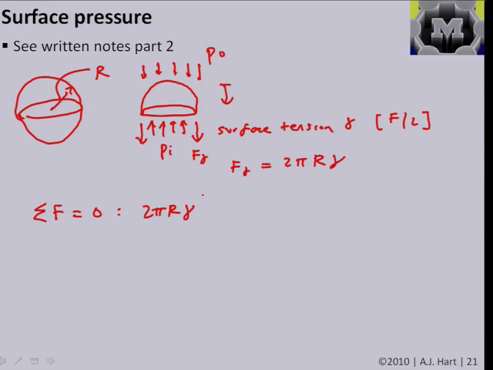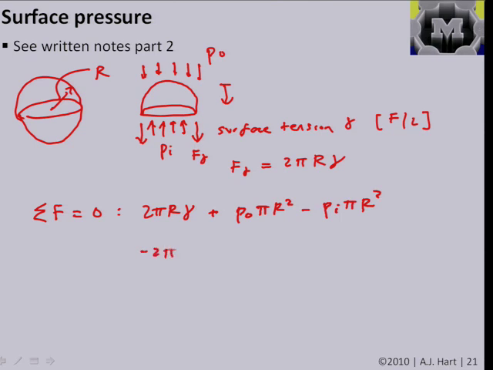And then we have the net pressure force on the outside being positive, which if we assume the pressure is uniform and we just take the projected area of the sphere upward, that's P outer times pi r squared. And then we can subtract the inner pressure, P inner times pi r squared. And then we would collect terms to one side.